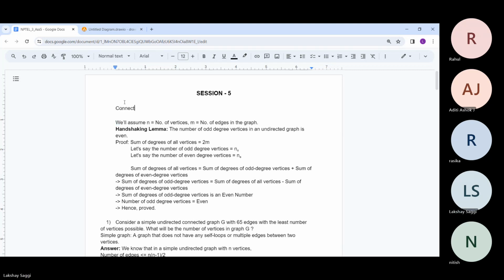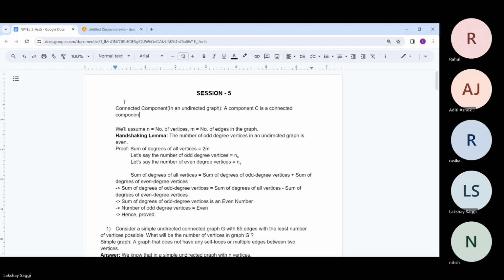So connected component, and we'll be talking only about undirected graphs. A component C is a connected component of graph G if the number of vertices in C is 1.